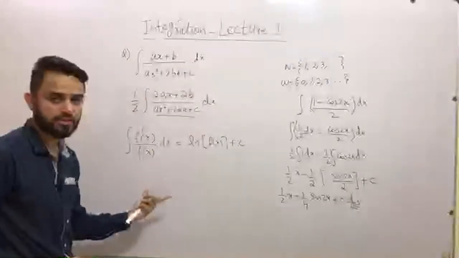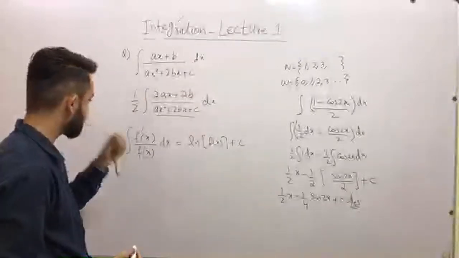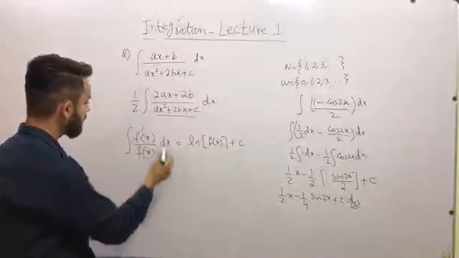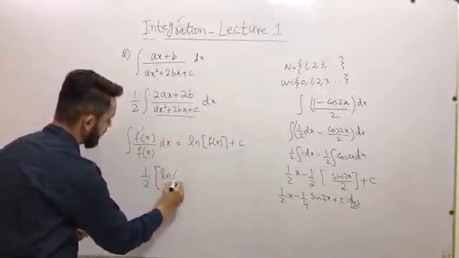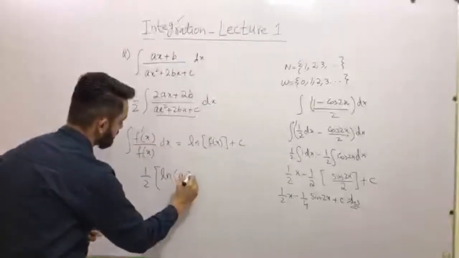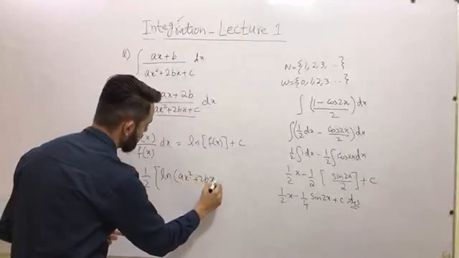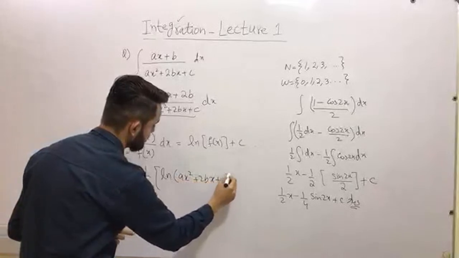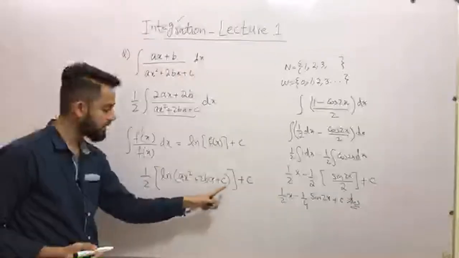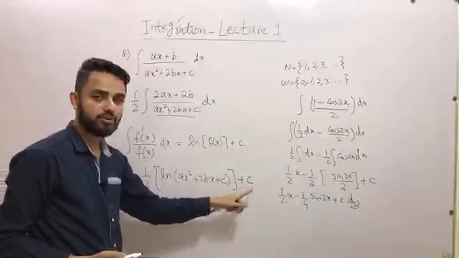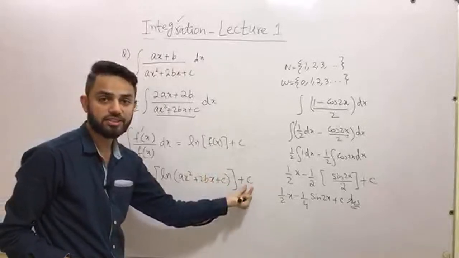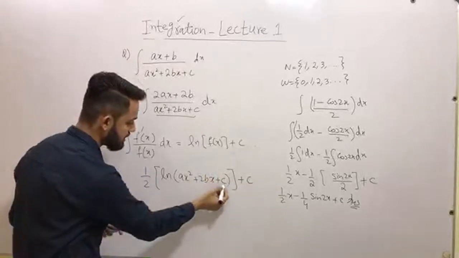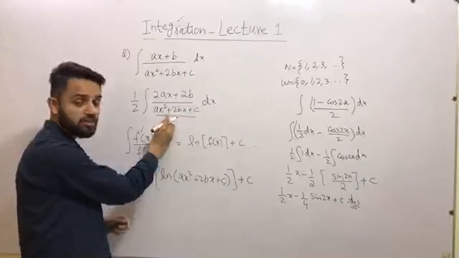By keeping that in mind, we can write ln of ax square plus 2bx plus c, and that plus c is the constant of integration. Do not combine this c with that, or think that you have already written c so you don't need to write the c over here. No, this c belongs to this function, and it was to be added over here.